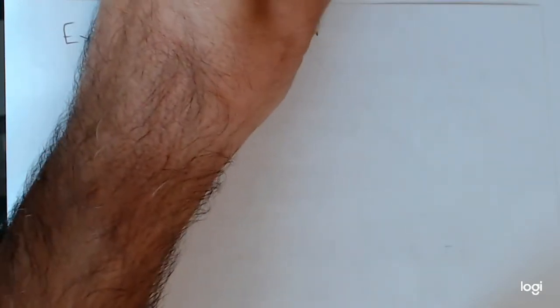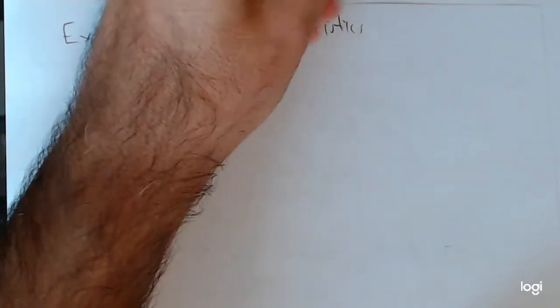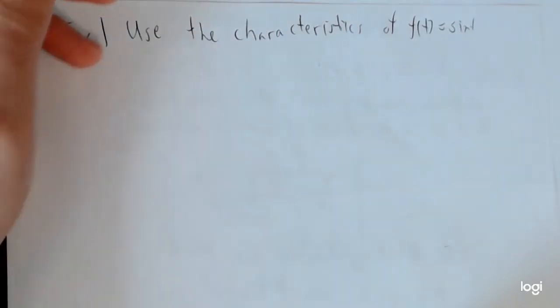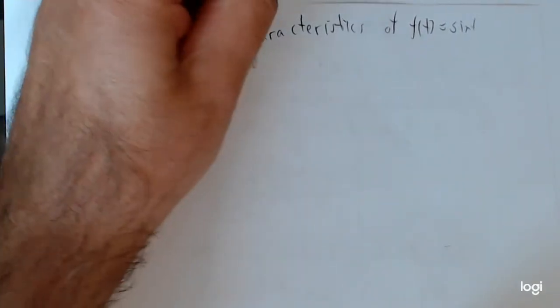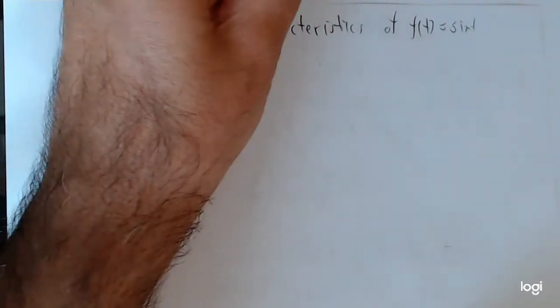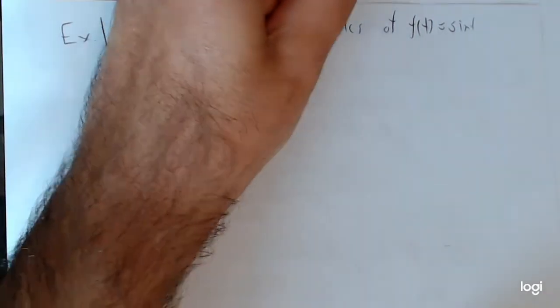Okay, so for example 1, we're going to use the characteristics of f of t equals sine t and f of t equals cosine of t to evaluate.